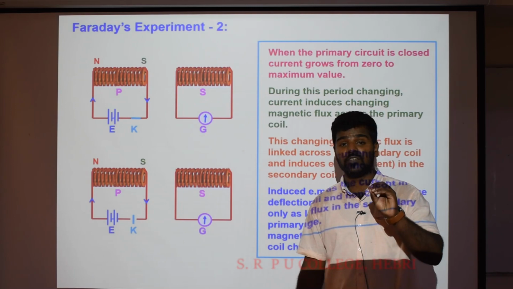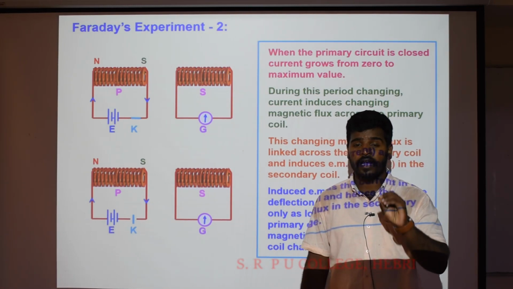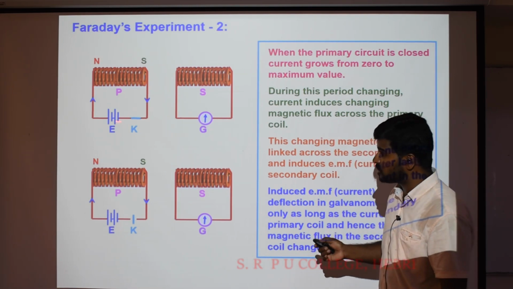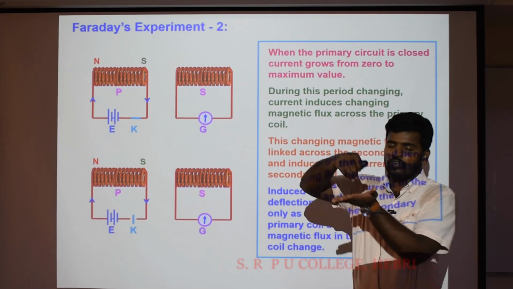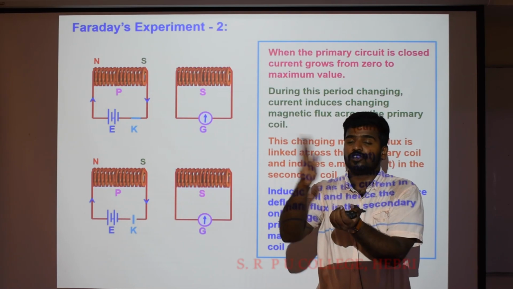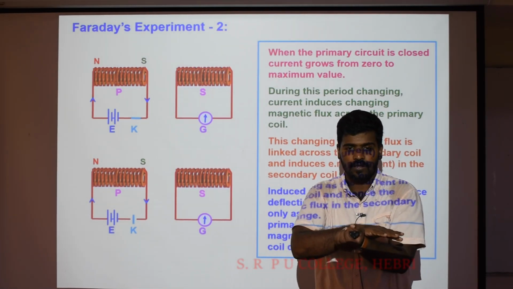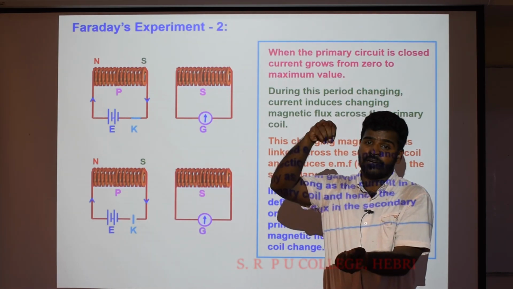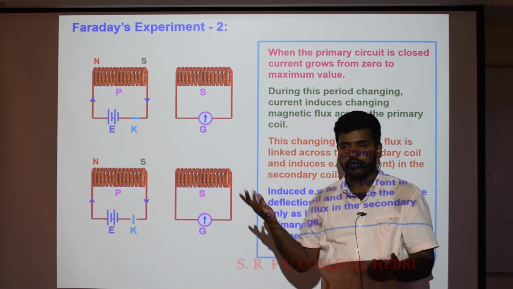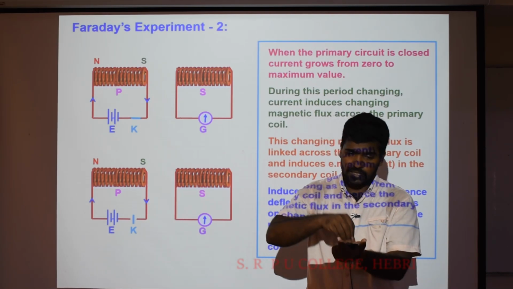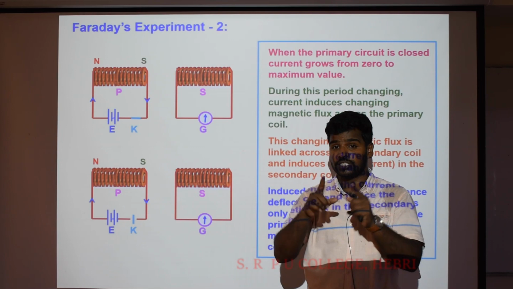This induced EMF exists as long as the change in magnetic flux continues. When the key is pressed continuously, there is one deflection and then the galvanometer returns to 0. When the key is released permanently, there is one opposite deflection and then it comes to rest. Right?